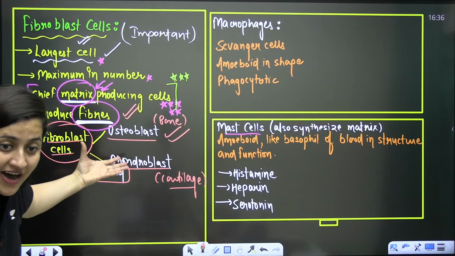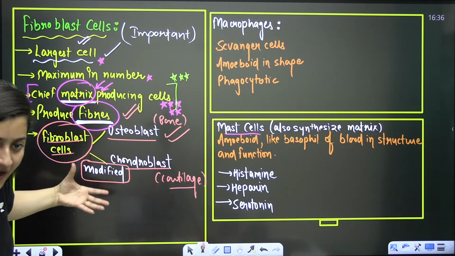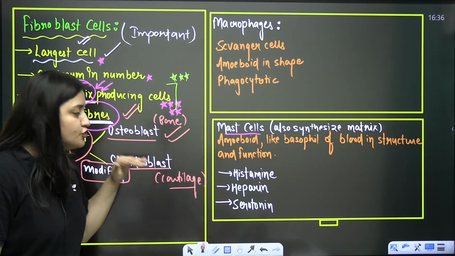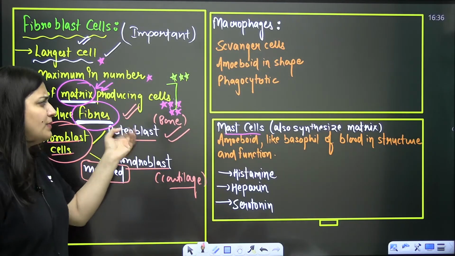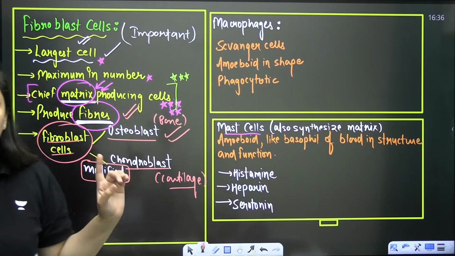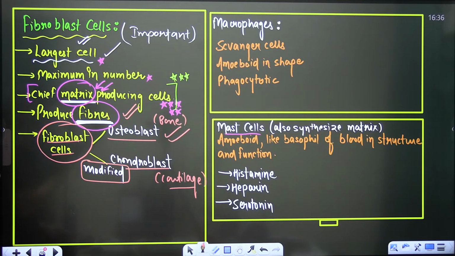It produces the fibers, and it will get modified into osteoblast and chondroblast. These functions and roles are important. Maximum number is of fibroblast cells.